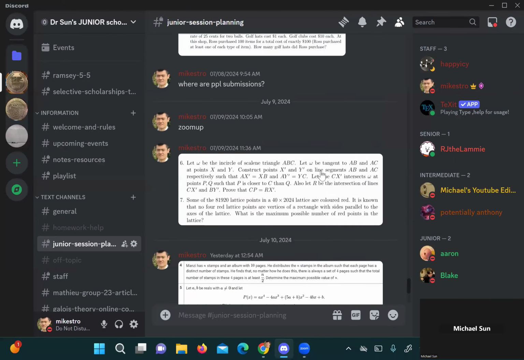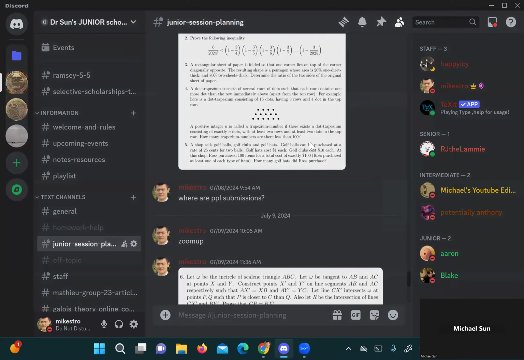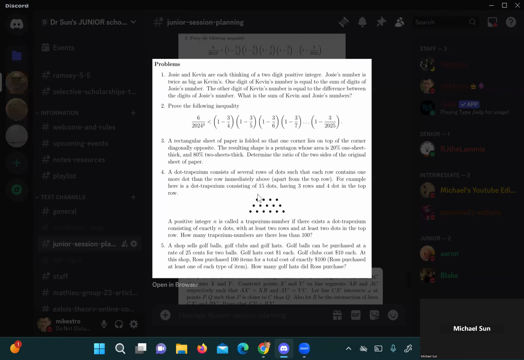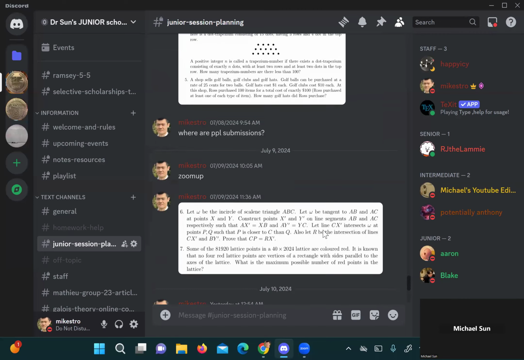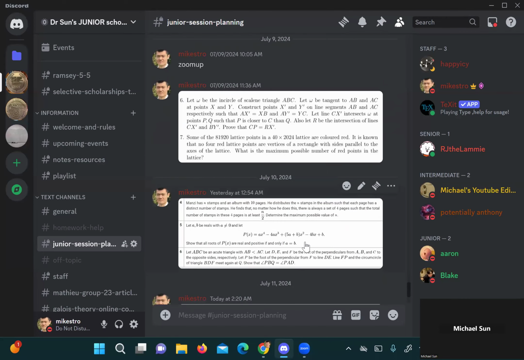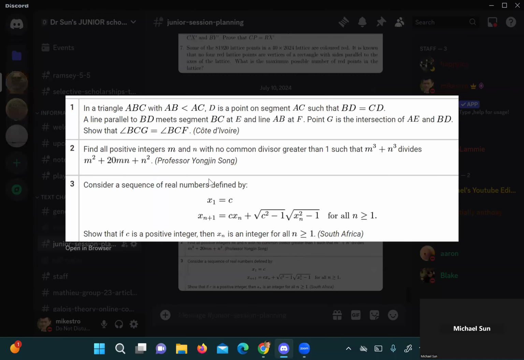Or like this would be sort of like combinatorics, you know? Hmm. This is geometry. So it seems like we're going to do algebra and number theory all in one go here.